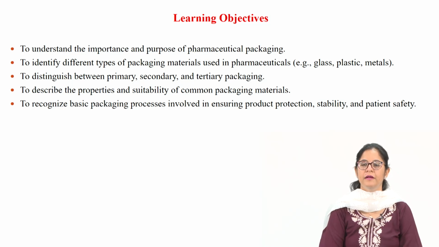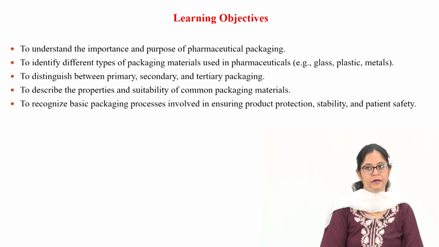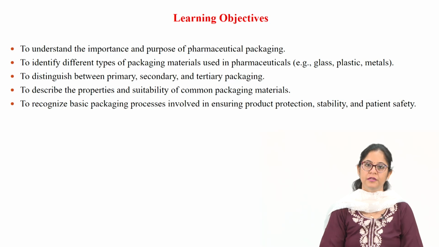Also it will help us distinguish between the various kinds of packages, describe the properties and suitability of the common packaging materials. It can also help us recognize the protection which these packages provide against oxidation, permeation, as well as how they help the product reach the patients in the most safe and viable form.